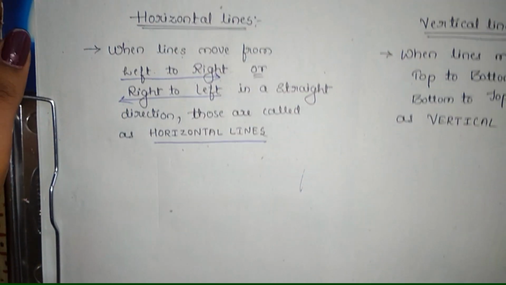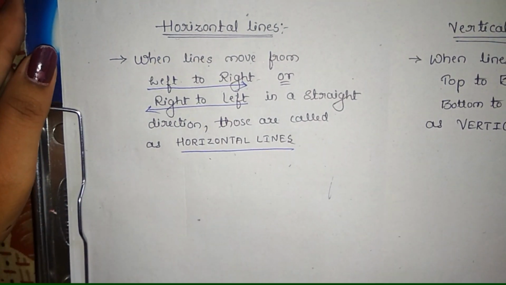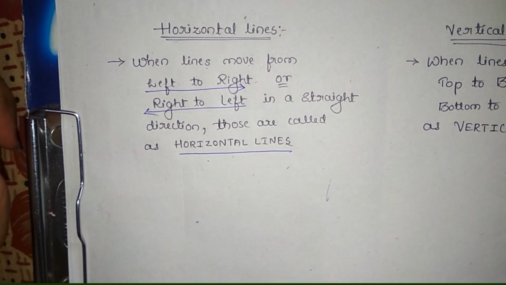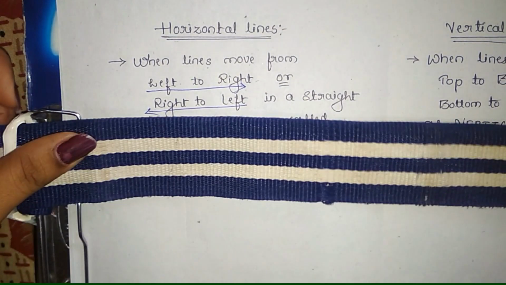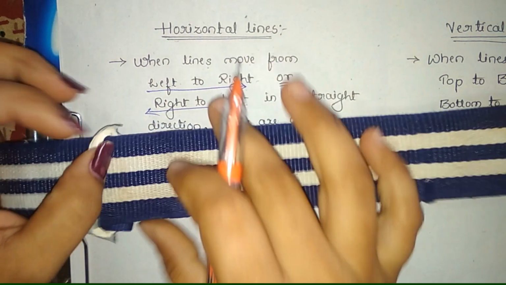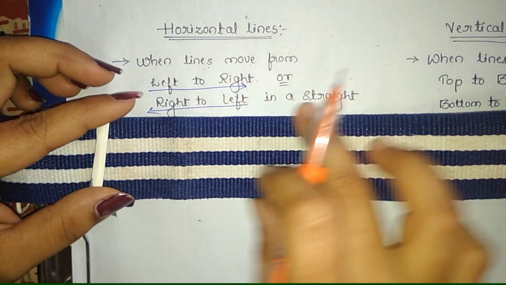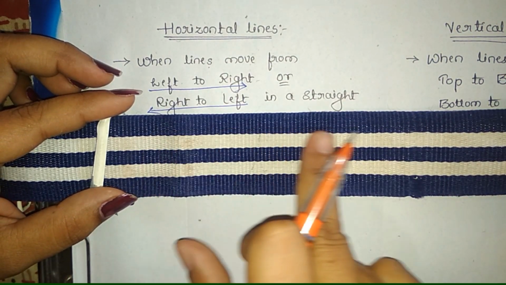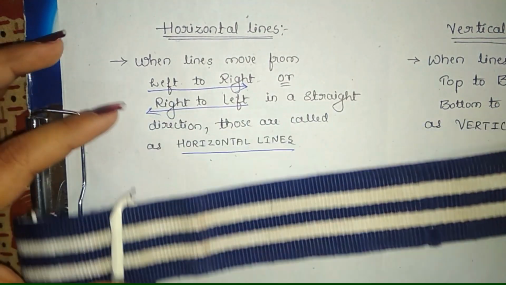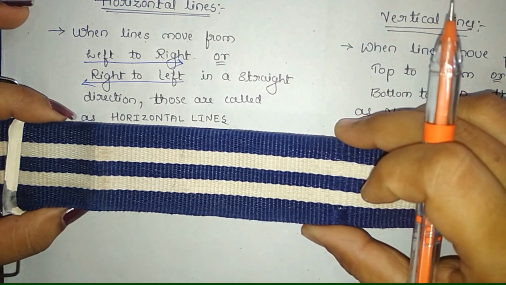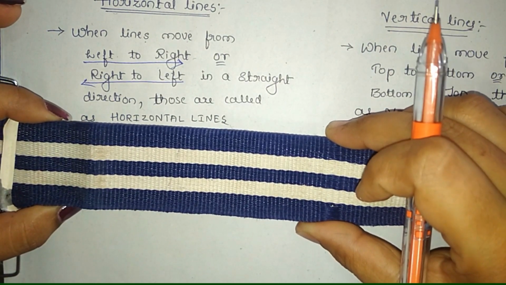Now, as I showed you one example of the belt, if I take it from the left side to the right or the right side to the left, these are what are called horizontal lines. And this belt can be an example for both vertical and horizontal.